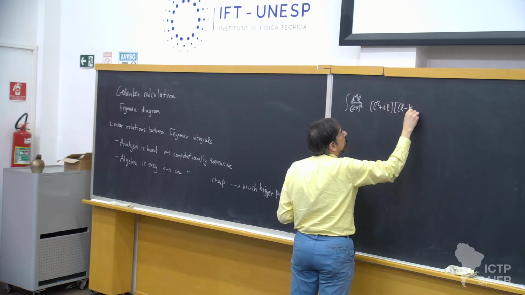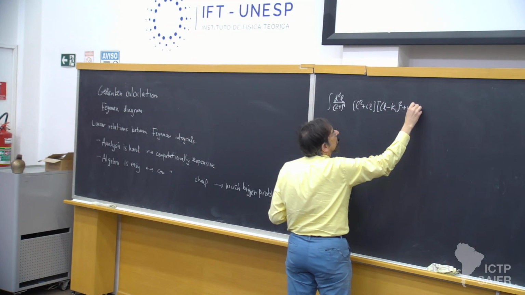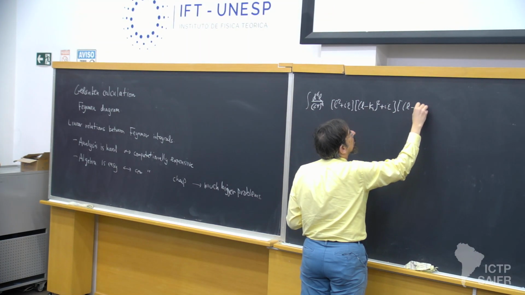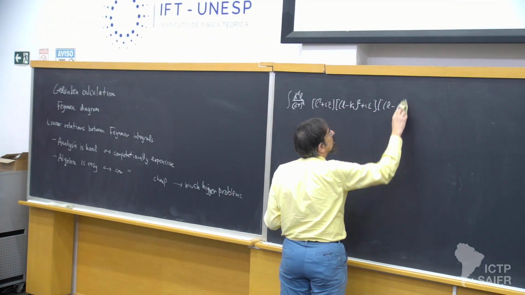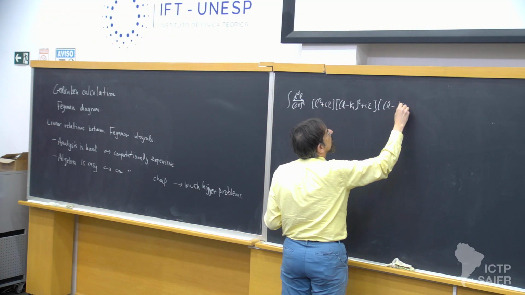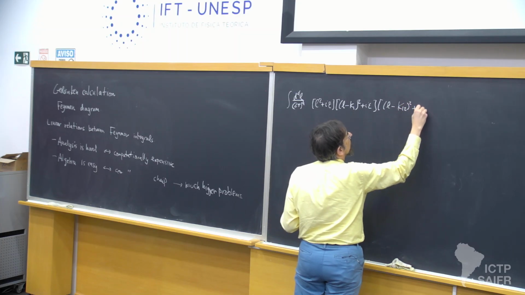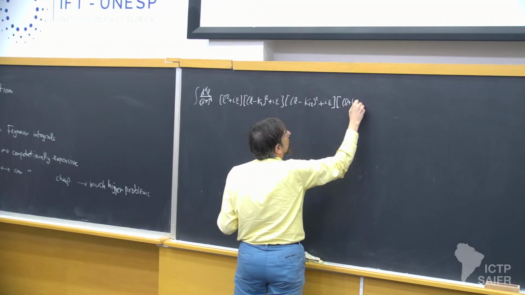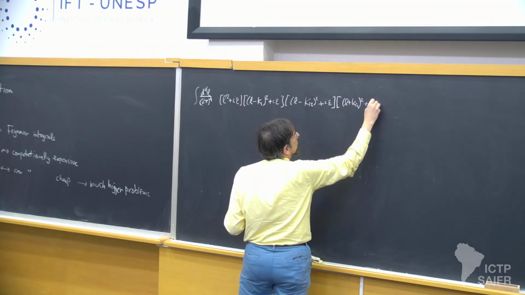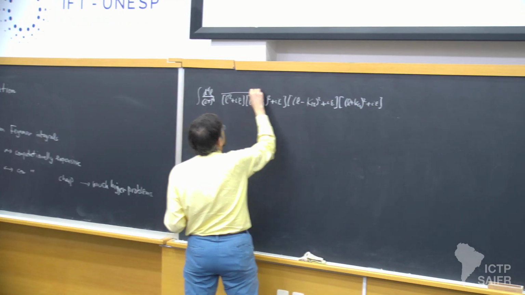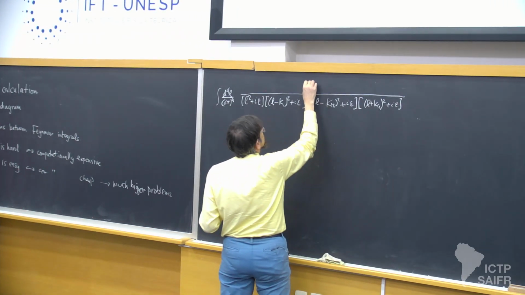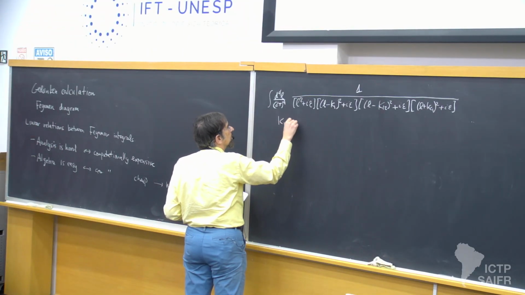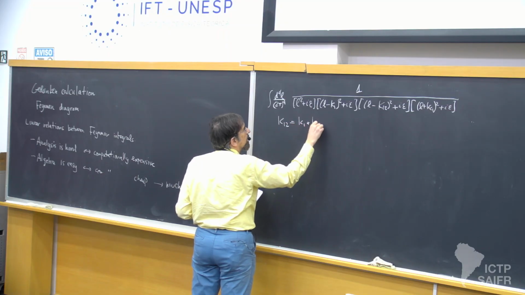So I'm going to write down, I've already actually introduced the notation, so let me use it. So we have four propagators, four denominators, and right now we'll just stick a 1 in the numerator again, just as a reminder. Here K12 is just the sum of K1 and K2.